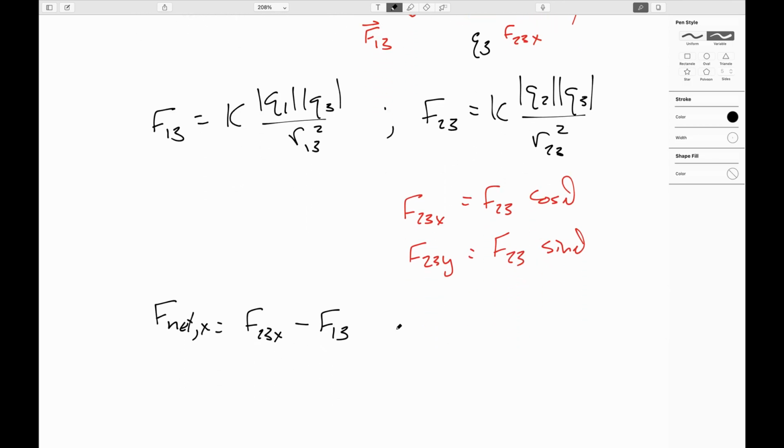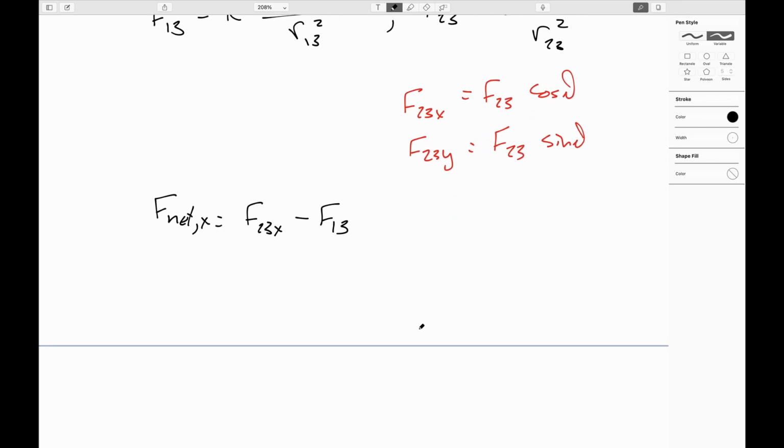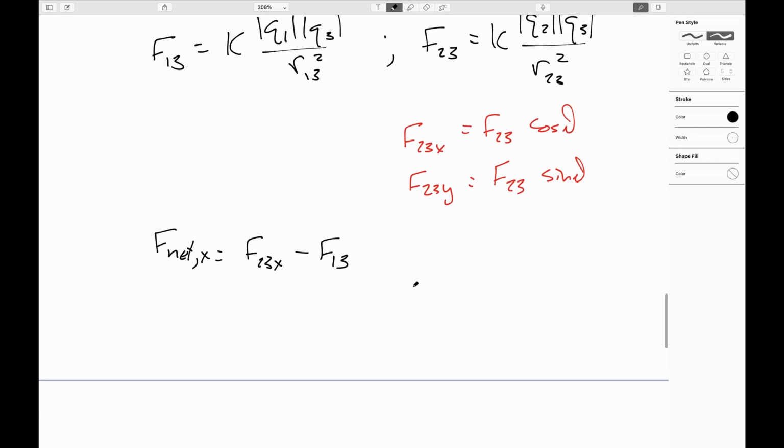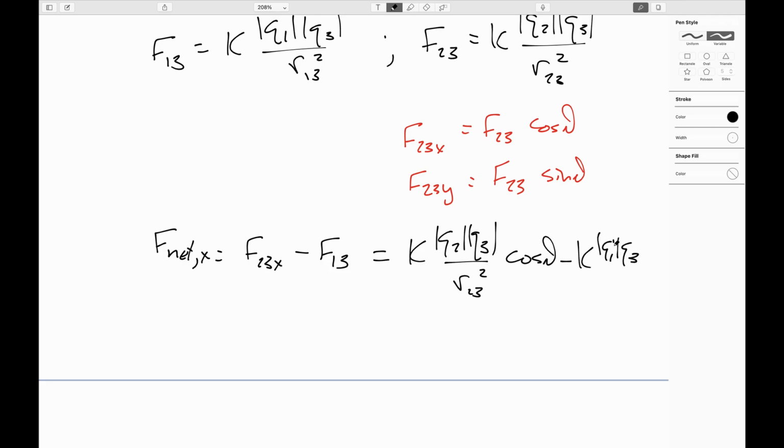So we can substitute in our expressions and simplify. F23x is going to be K Q2 Q3 over R23 squared cosine theta minus K Q1 Q3 over R13 squared.